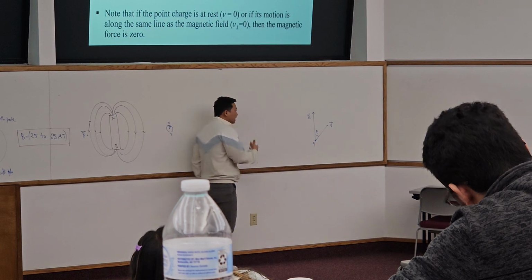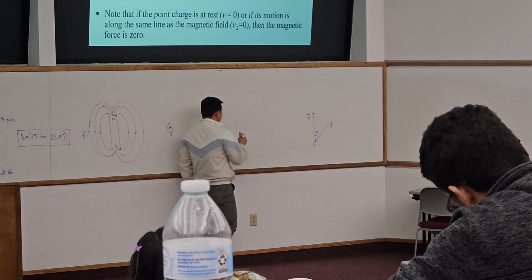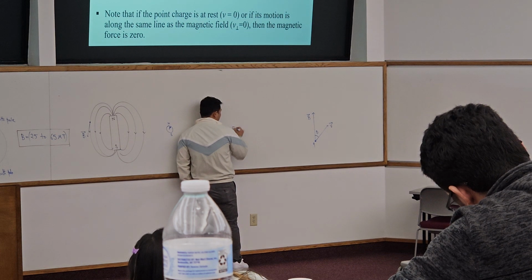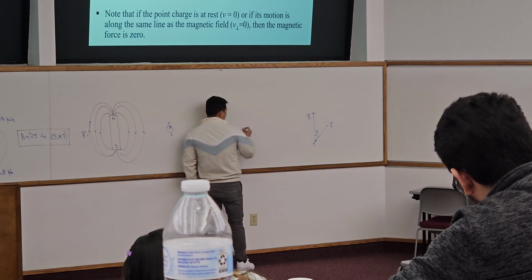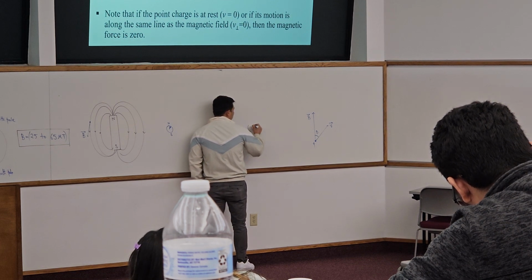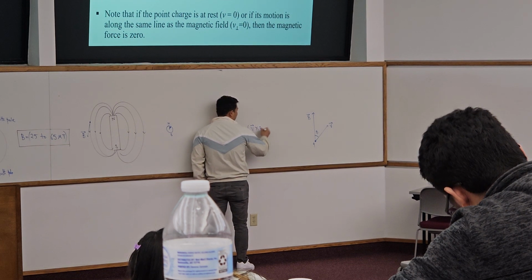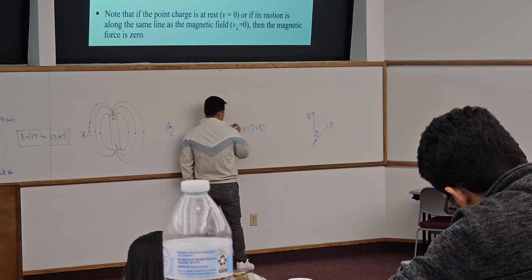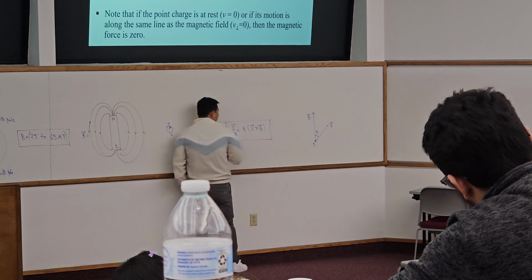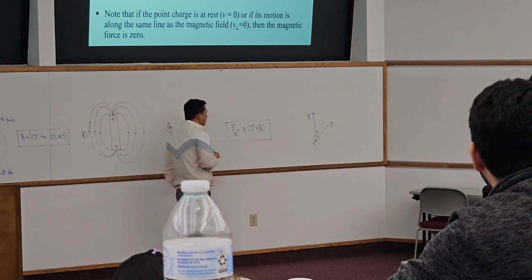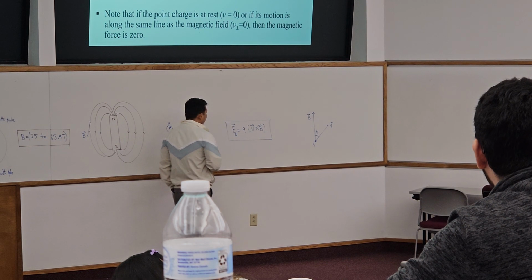This charged particle experiences a force. This force is given by F_B equal to q v cross B. This is the force experienced by a charged particle in the magnetic field.